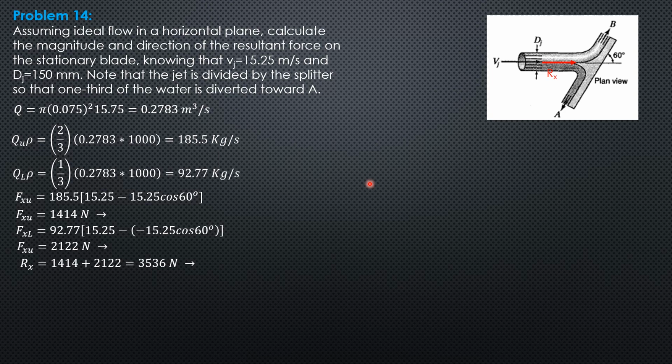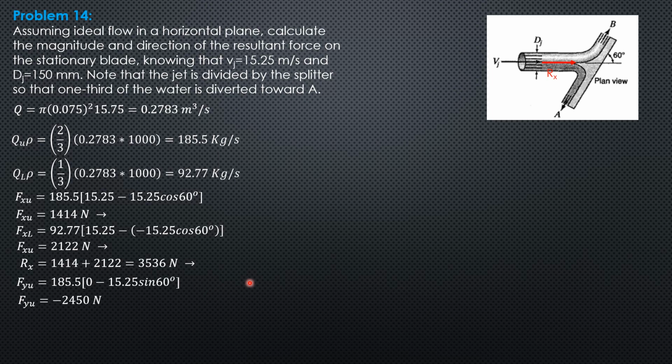Then Fy upper: 185.5 times the quantity V1y, which is 0, minus V2y going up, so 15.25 sine of 60. So it is negative 2450 newtons, Fy upper.